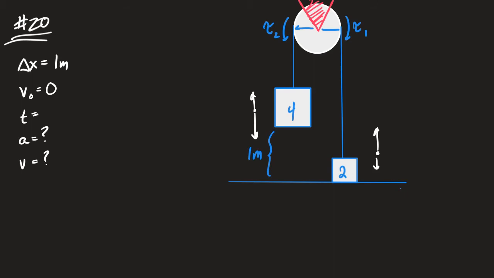Assuming the pulley has mass, and I haven't read the question, does the pulley have mass? Then the tension on this side I'll call T2, and the tension on this side I'll call T1. They are not the same. I know they can't be the same because the tension on the pulley has to be unbalanced in order for it to accelerate. So I know that T2 has to be greater than T1. Do you know those things? Because otherwise, you should be writing it down.